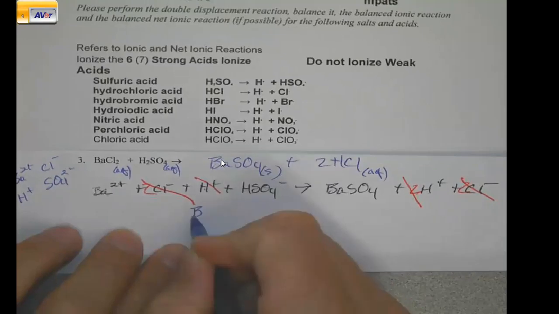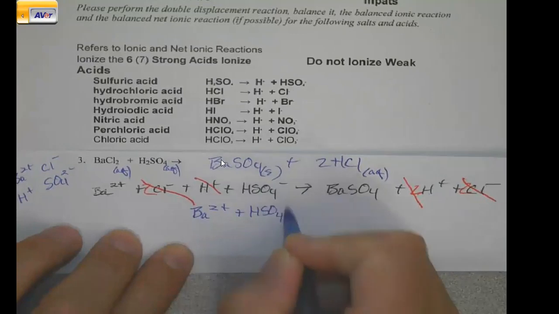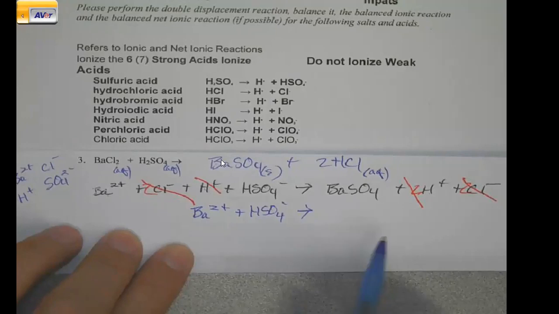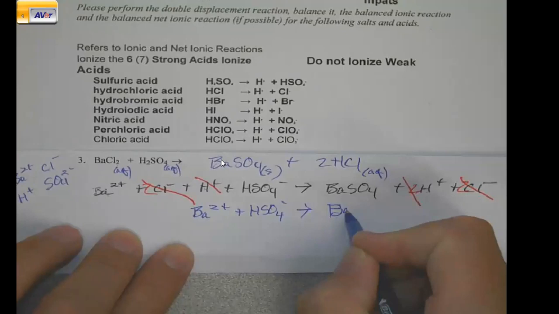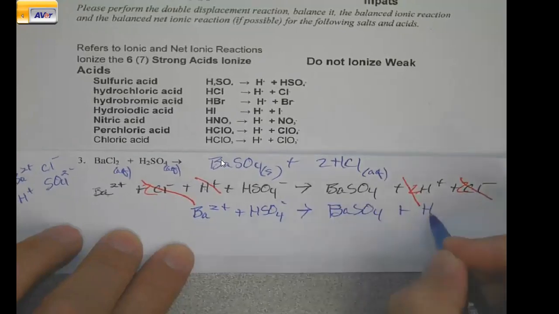Plus HSO4 minus goes to BaSO4 plus, we'll have 1 H plus left.